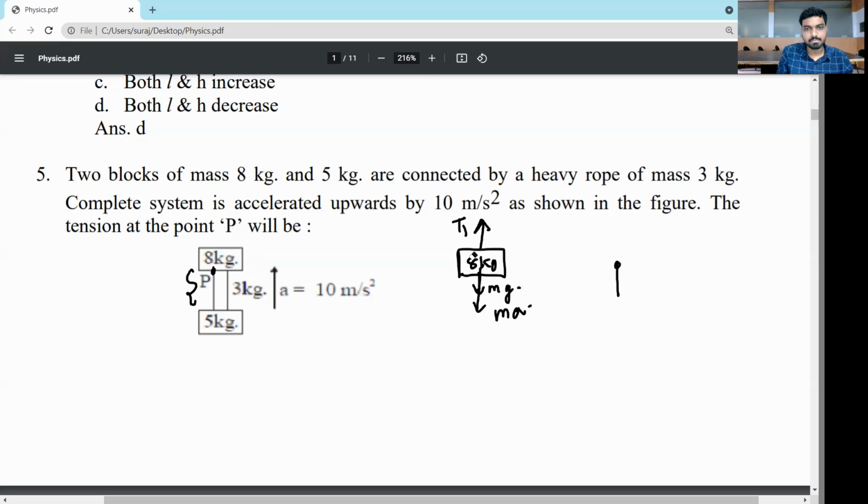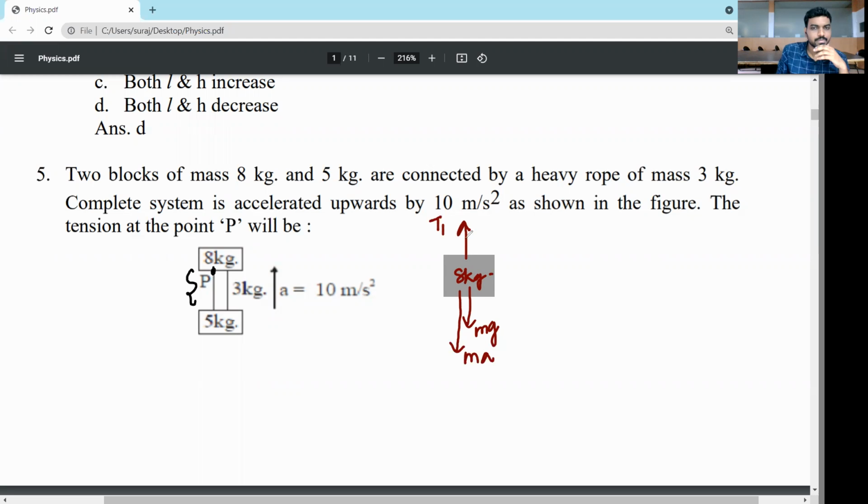I'll just draw it clearly. First, let us draw the free body diagram of the 8 kg mass. The first force will be mg. Another force will be ma, pseudo force downwards. There's a tension T1 upwards.